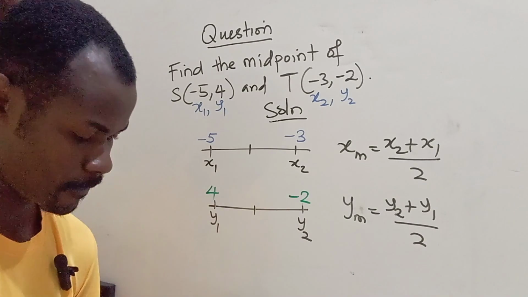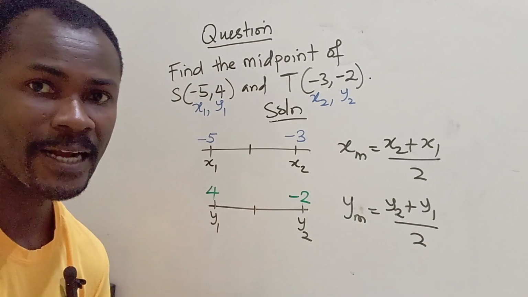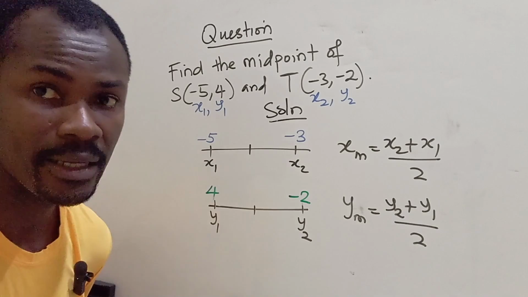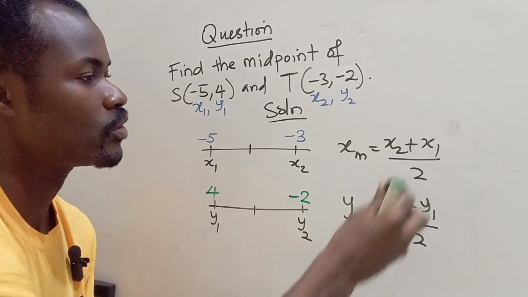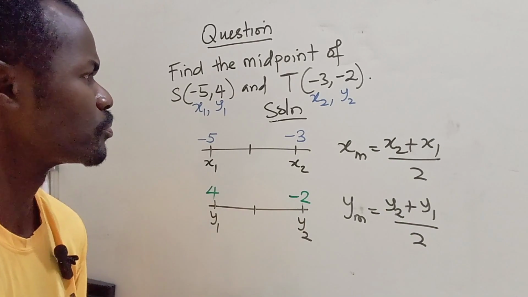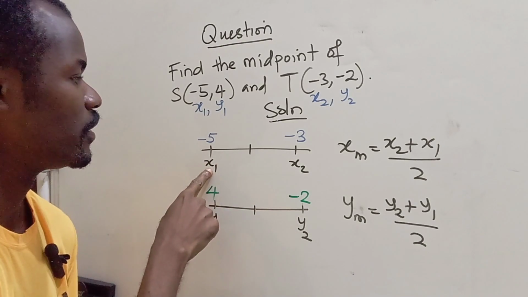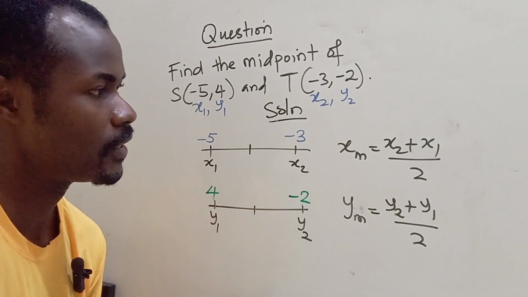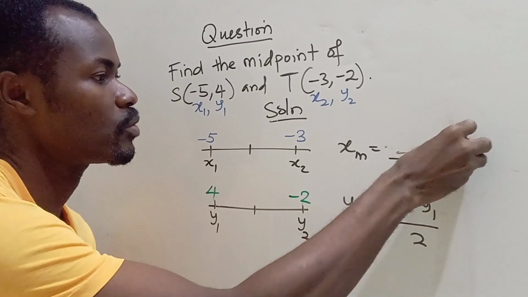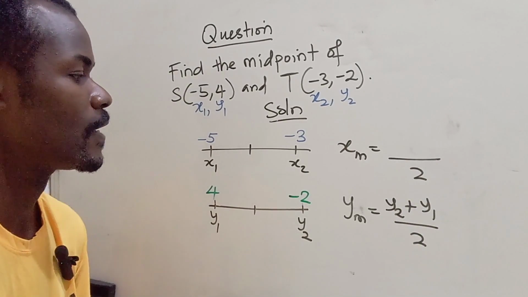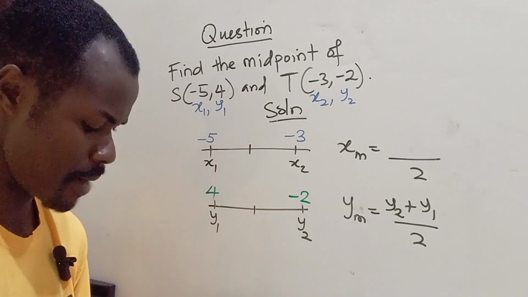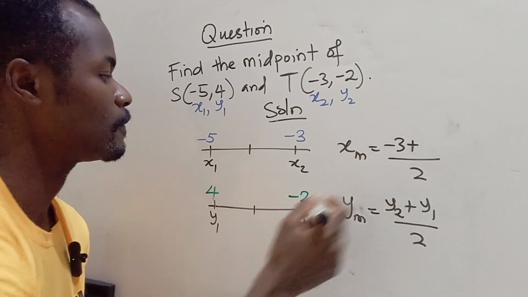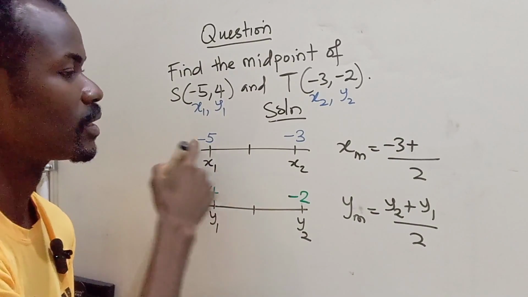Having gotten that, we can now substitute them into these formulas to solve. My x1 is minus 5 and my x2 is minus 3. Let me quickly substitute. I have x2 as minus 3 plus x1 as minus 5.